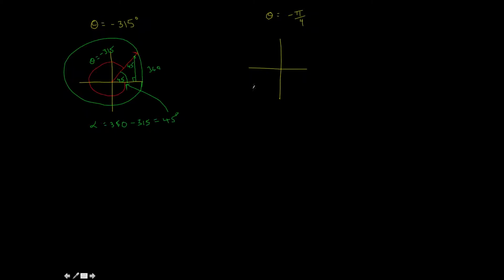Now, this is the great thing about one like this. Because I'm starting from the x-axis here, and I'm going negative pi over 4, which is basically negative 45 degrees. Okay? So that's my negative pi over 4 right there. This is theta.